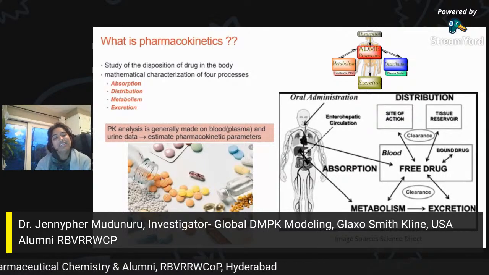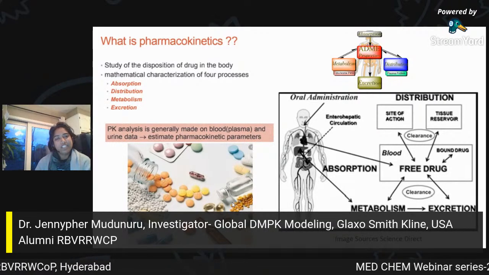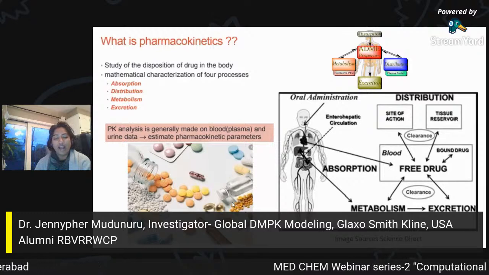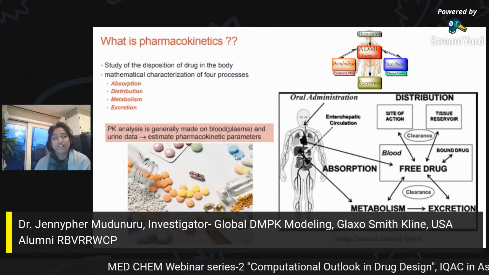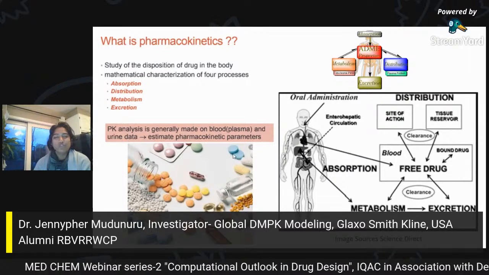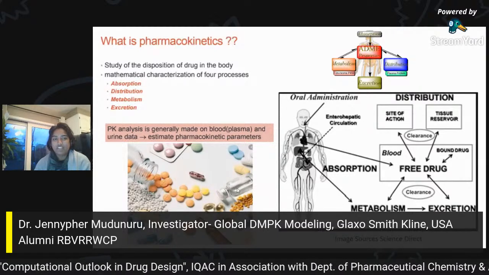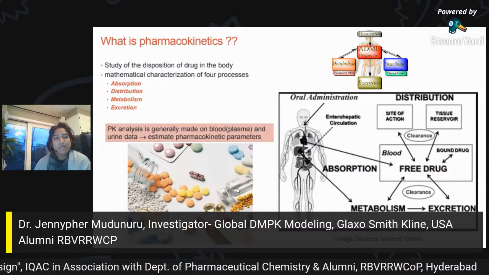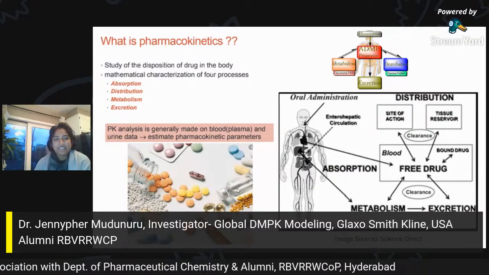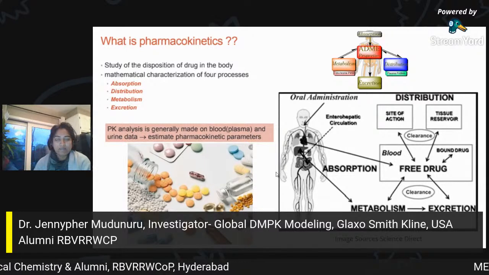The picture at the bottom, I just wanted to show that there is no limitation on what or how we can compute these models. It can be done for almost most of the available formulations and routes of administration, because we have oral, IV, syrups, capsules, tablets, etc. So there is a whole bunch of things that could be done.